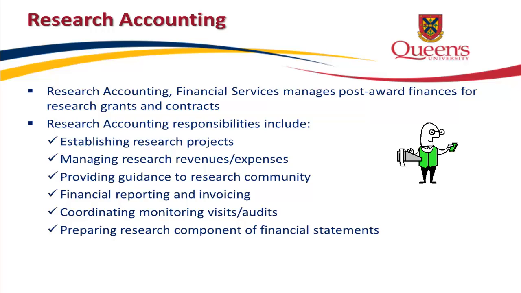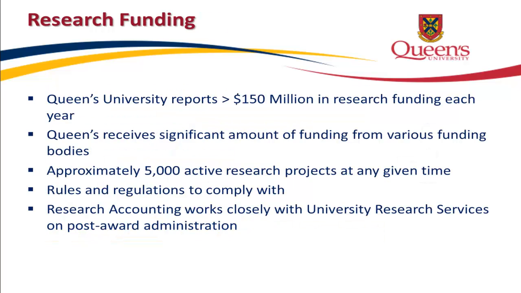Research accounting responsibilities include establishing new research projects, managing research revenues and expenses, providing guidance to the research community, preparing financial reports and invoices for research projects, coordinating monitoring visits and audits, and preparing the research component of the university financial statements.